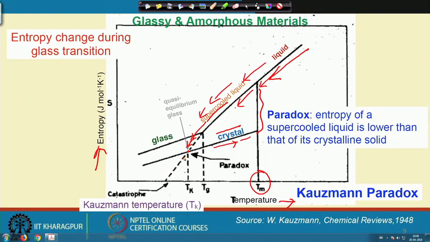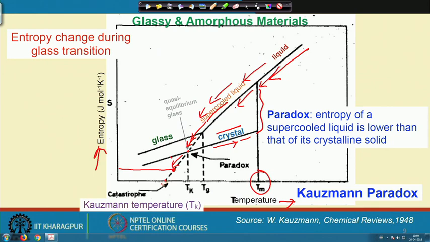Now, if I further cool it down, you see that the entropy of the supercooled liquid is much lower than that of the crystalline phase. How is it possible? Because a supercooled liquid is a much more random structure.